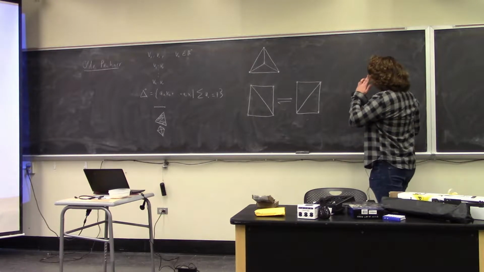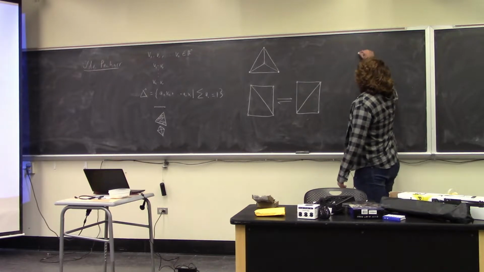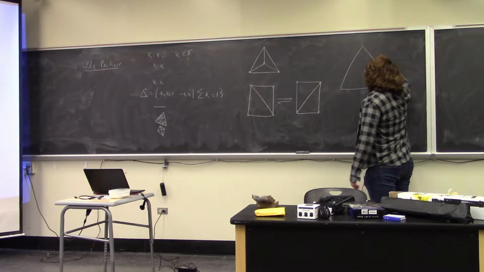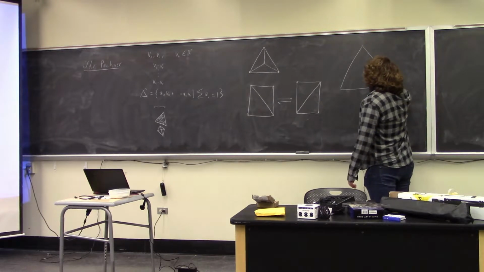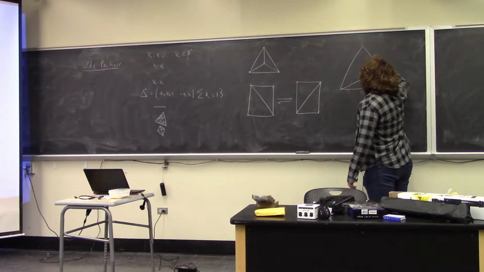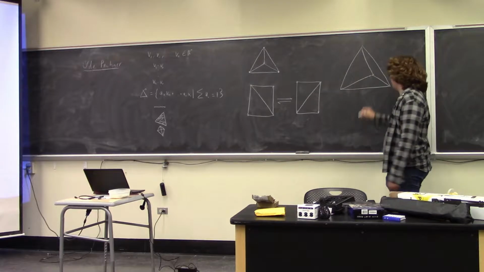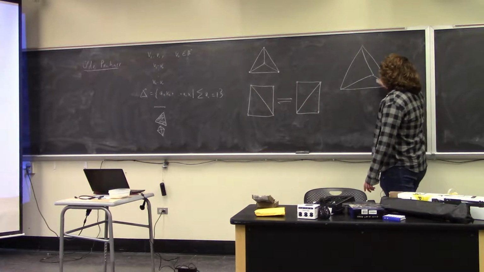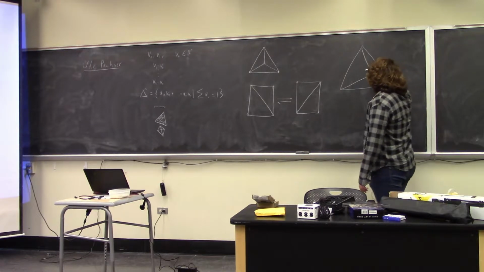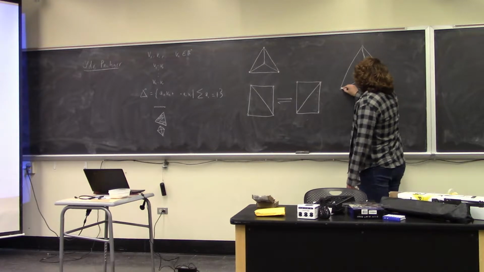So if you have an n simplex, I'll draw the 3D version like this. If you have an n simplex, so a 3 simplex for example, then you take the barycenter, you draw your edges to each of the vertices.